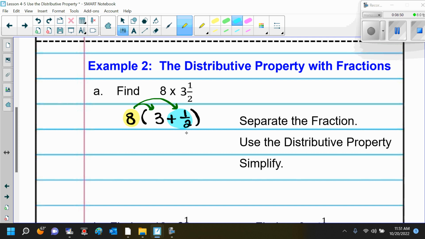Does everybody see that? So, 8 times 3 is 24. And 8 times a positive 1/2 is, what kind of 4? So this is going to be positive 4. And then we can simplify to get 28.